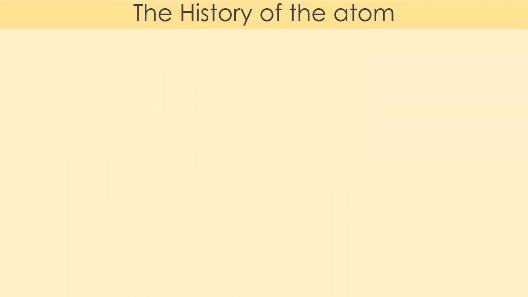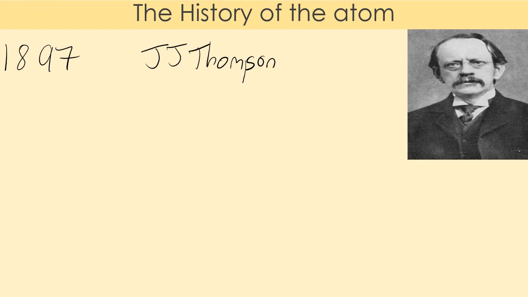We go forward to the end of the 19th century to 1897, and we come across this guy called J Thomson. There he is, lovely chap. Started the trend of a lot of scientists having a moustache. And J Thomson had discovered the electron. And he realised that actually our atoms weren't indivisible, they were made up of different parts.